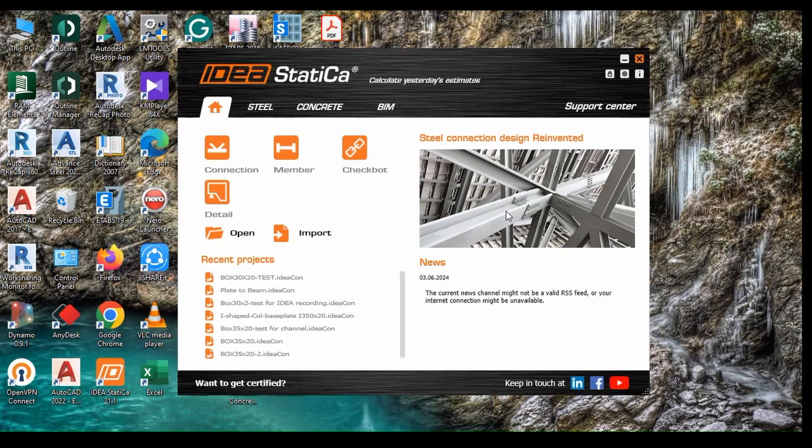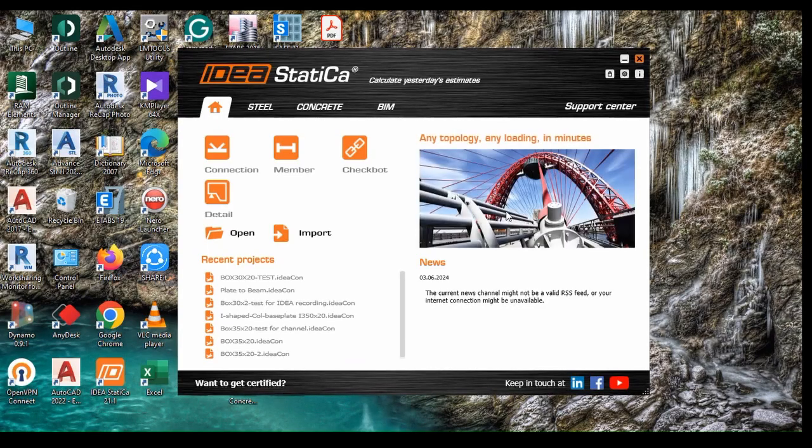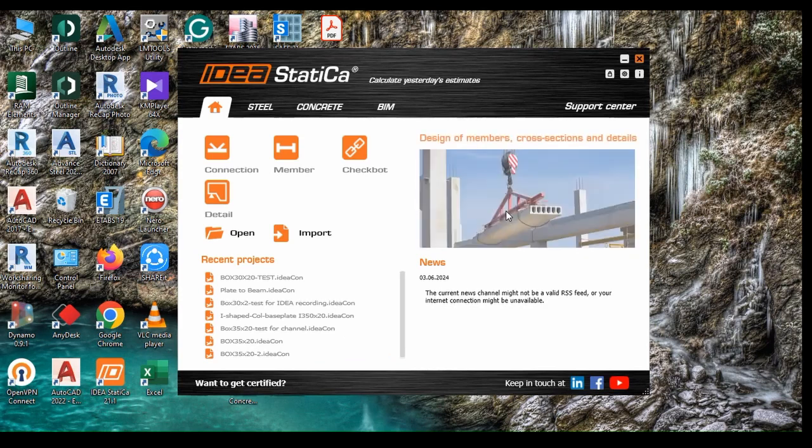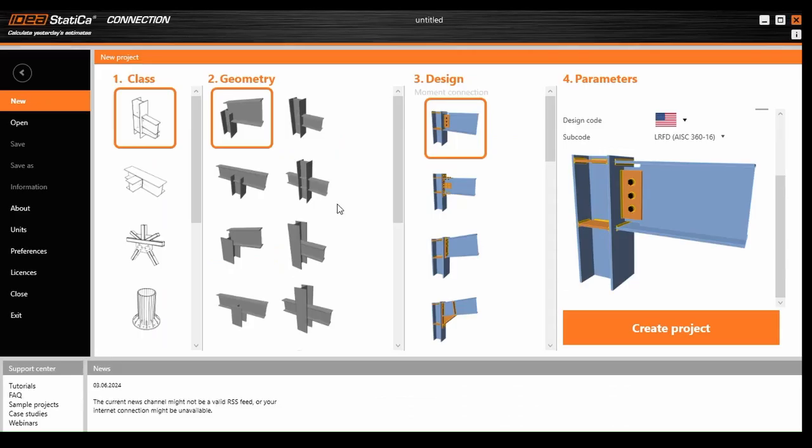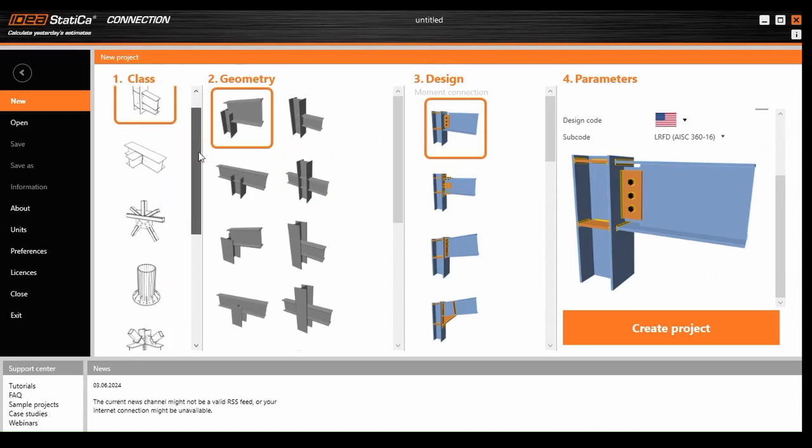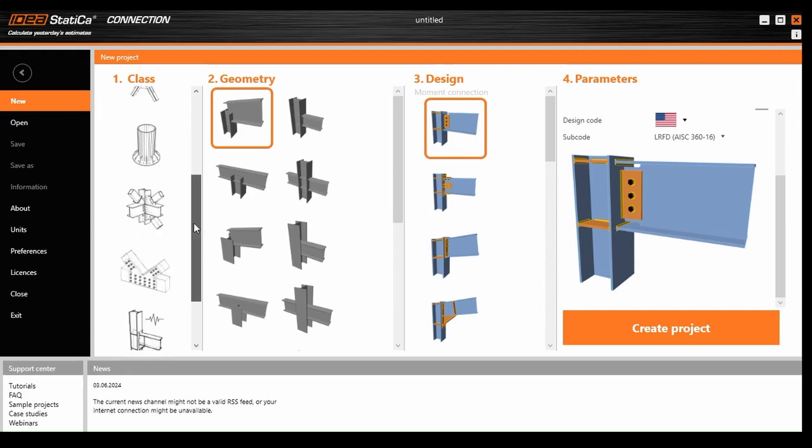This is the IDEA Statica software, based on the finite element method using shell elements to model connection parts. So press on connection. This software provides many pre-modeled steel connections, like beam to column, beam to beam connection, and stuff like that. If you can't find your template connection, you go to this part.